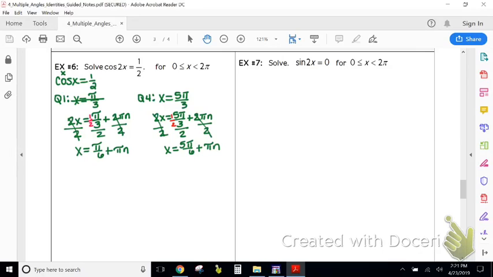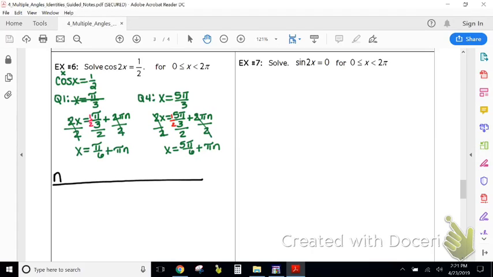Alright, so if we were looking for the general solution or to find all the solutions, we would be done. But we're not. They're specific. They said we only want from 0 up to but not including 2 pi. So in order to find them, we're going to create ourselves a table. And in this table, we're going to have our n in the first column.